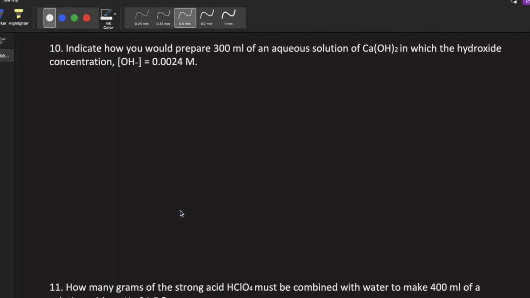Okay. For number 10, it says indicate how you would prepare 300 milliliters of an aqueous solution of Ca(OH)2 in which the hydroxide concentration, OH negative, is equal to 0.0024 molar. First thing we're going to identify is if Ca(OH)2 is a strong base or a strong acid. We know that Ca(OH)2 is one of our group 2 strong bases.